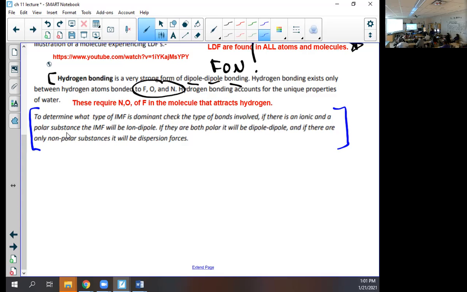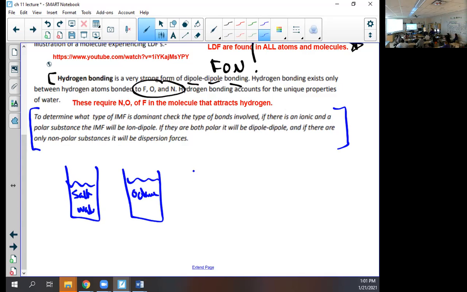If it's nonpolar, it will be dispersion forces. So it will be like salt water. We already talked about this yesterday. It would be like gasoline or octane. And then it'd be like NH3, ammonia.